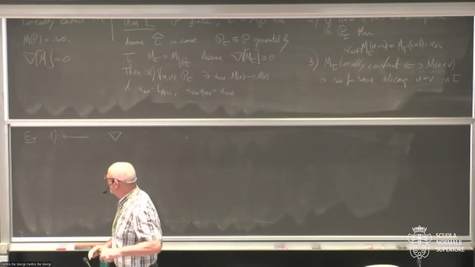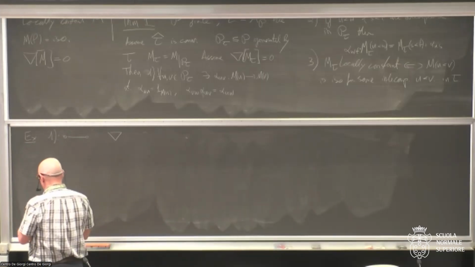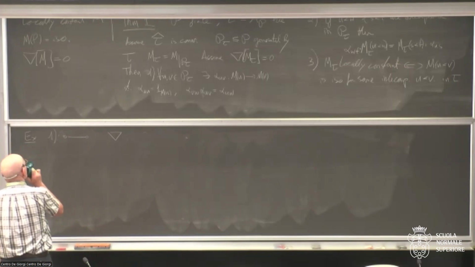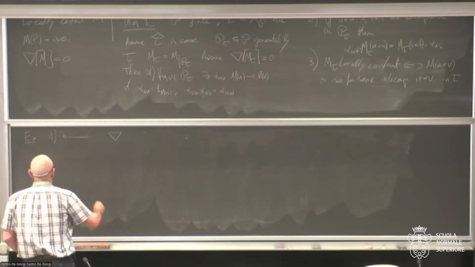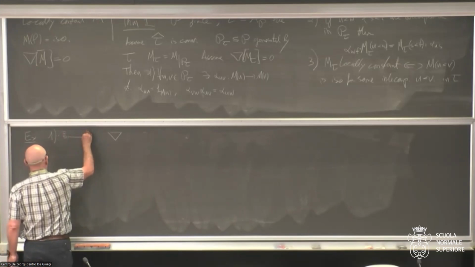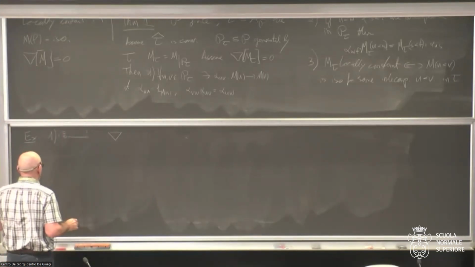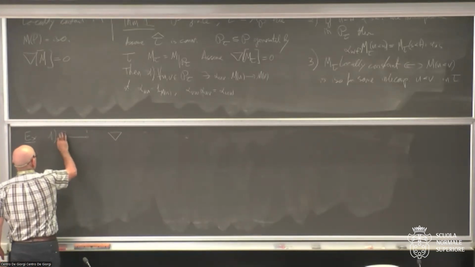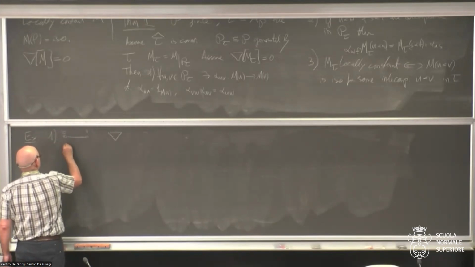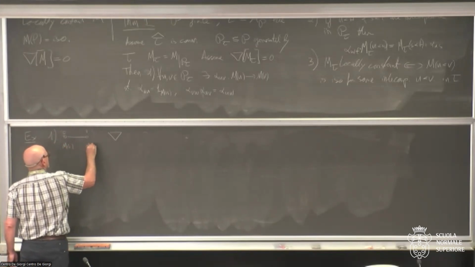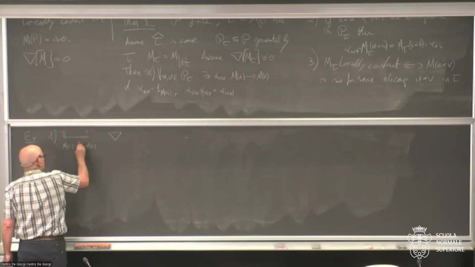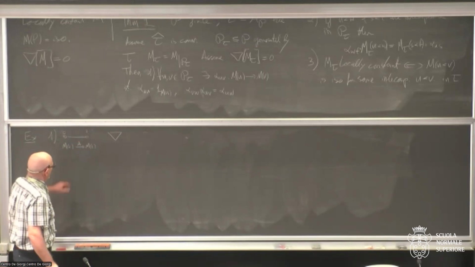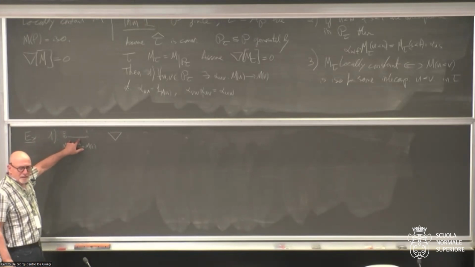Take the same poset, with objects 0 and 1, and take any morphism between them. The line diagram of this is just a single point.